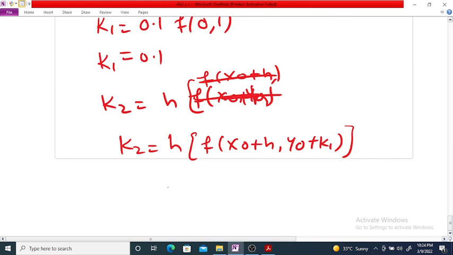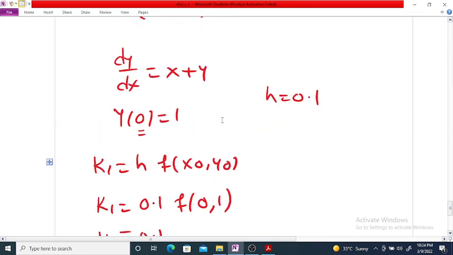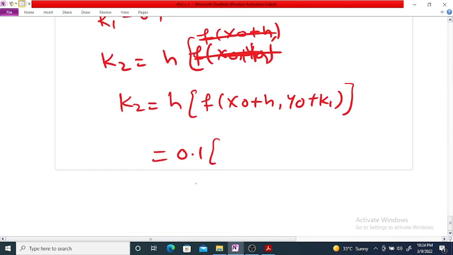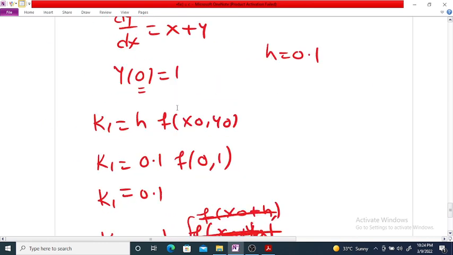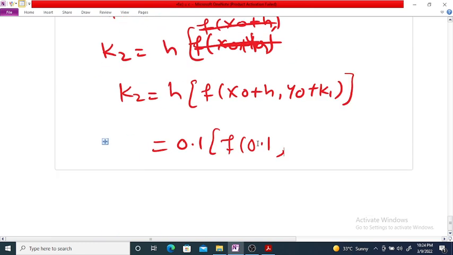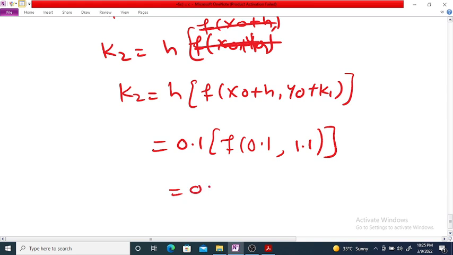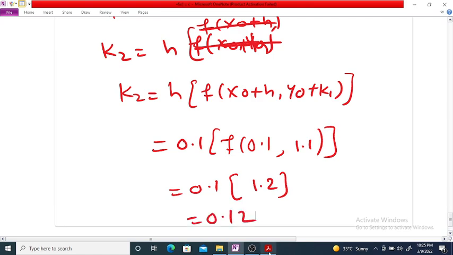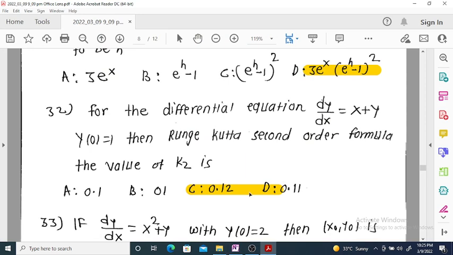So h is 0.1 and x0 is 0, so it is f of 0.1, and y0 plus k1, where y0 is 1, so 1 plus 0.1 is 1.1. Now what is the formula f of x, y? f of x, y is equal to x plus y, so it is 0.1 plus 1.1, which is 1.2, times h, so the correct option is C, 0.12.